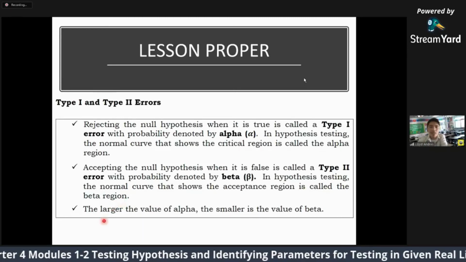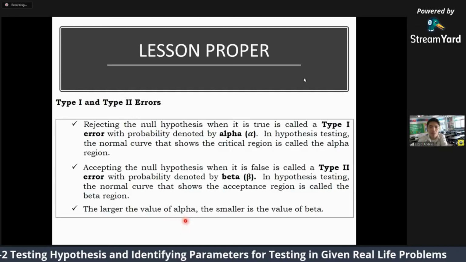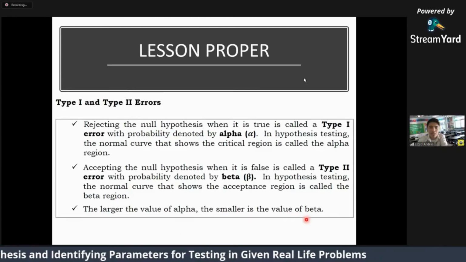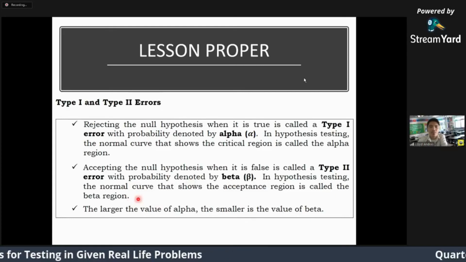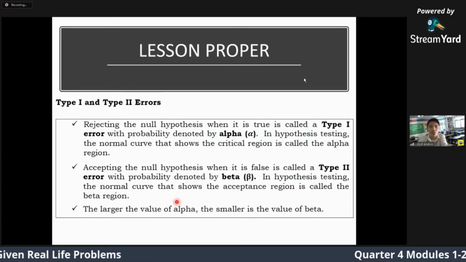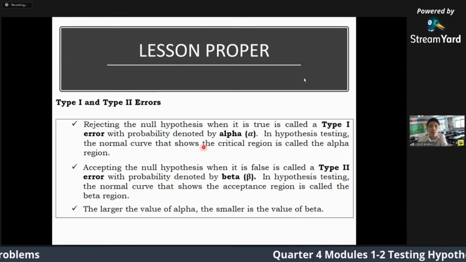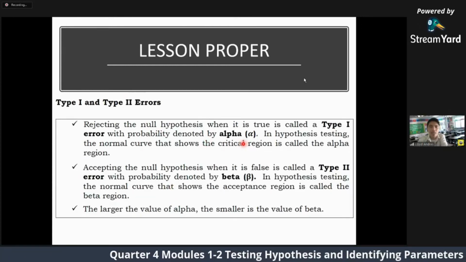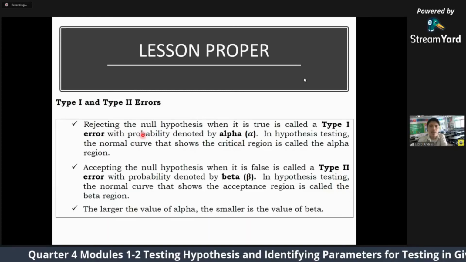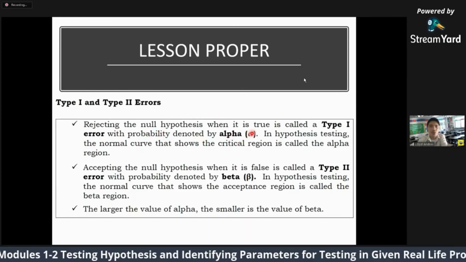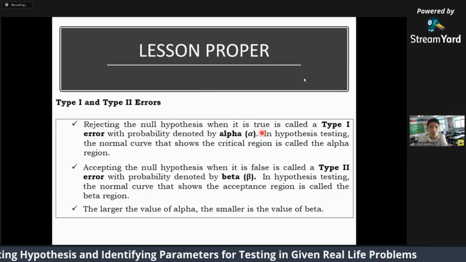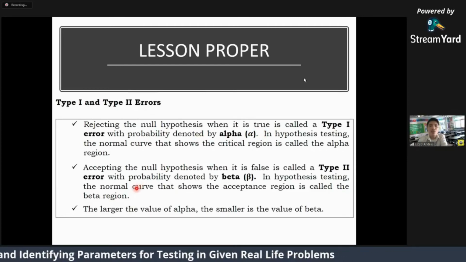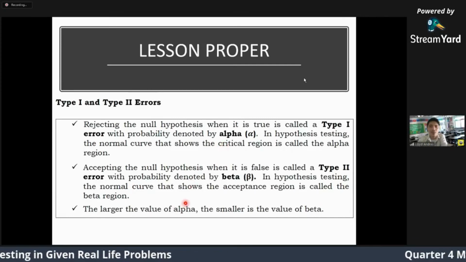The larger the value of alpha, the smaller the value of beta. So meaning kaning beta, katong non-rejection region nimo. So let's say 5% imong alpha. Pasabot ana, you have 5% chance that you will reject the null hypothesis where in fact it is true. While kung 5% ang alpha, 95% imong beta.